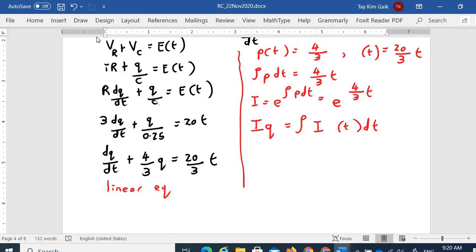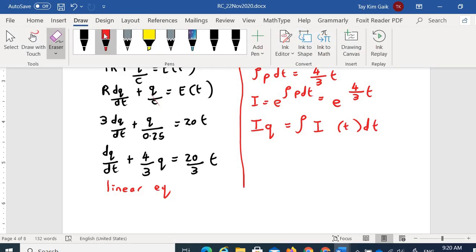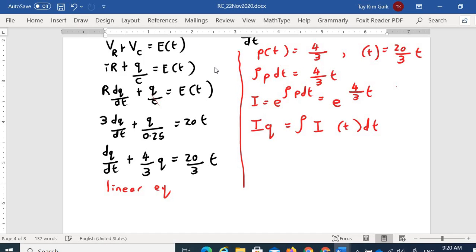This complete lowercase and okay. So plug in the integrating factor, e^(4/3 t), multiplied by the charge q, and integrate. Integrate e^(4/3 t) times q, which is 20/3 t dt.